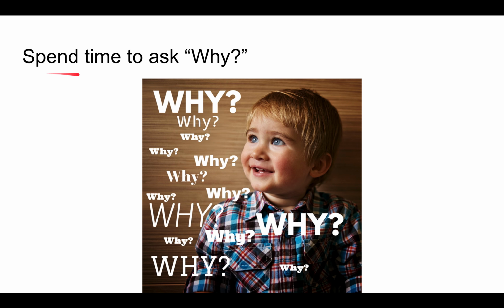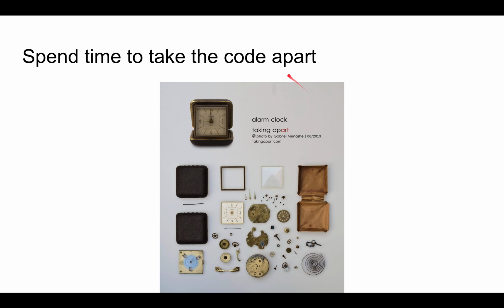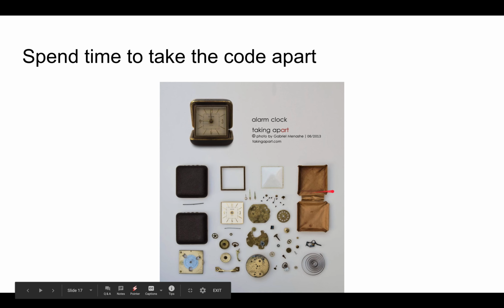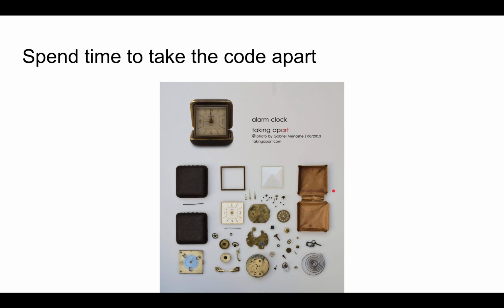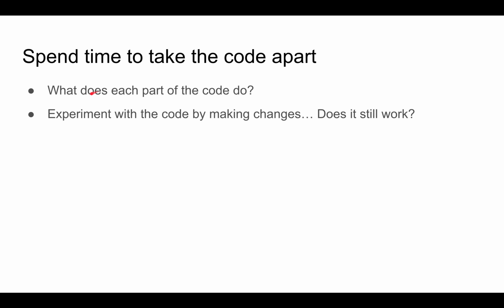Instead, I advise you to spend time to ask why. Why does this work? How does this work? You can be cute like this boy and ask why. And I encourage you to spend time to take the code apart. Just like curious engineers take mechanical devices apart to figure out how they work and put them back together, you should spend time to figure out what each part of the code does.